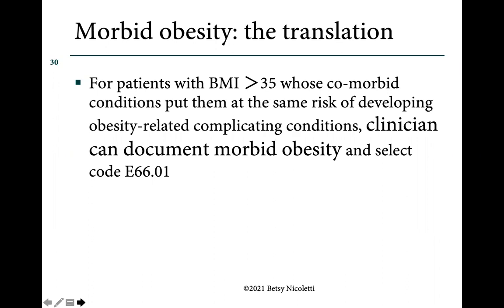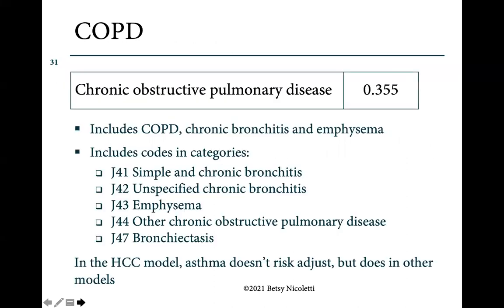And this isn't in the ICD-10 guidelines, but we have that document from the coding clinic. And the assumption is that a patient who has a BMI of 35 or greater, who has comorbid condition, it puts them at the same risk of developing other complications. But you need to write those words and select the code in the encounter. So now I'm just going to go through some conditions that risk adjust. None of these are going to surprise you.